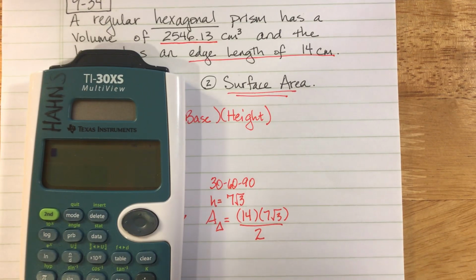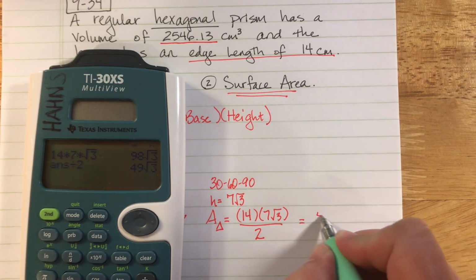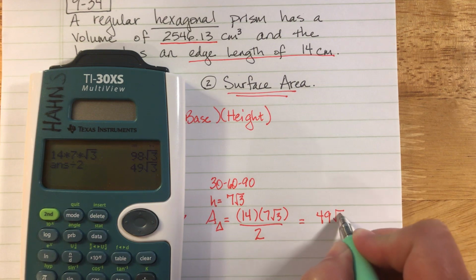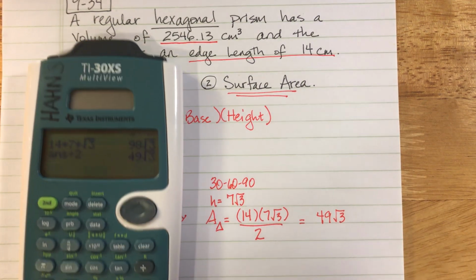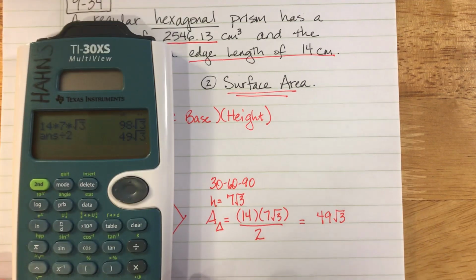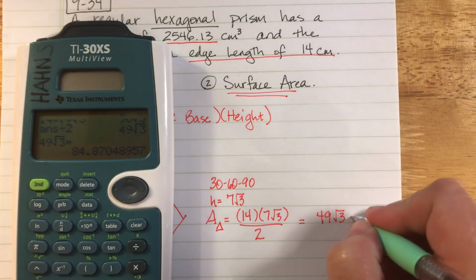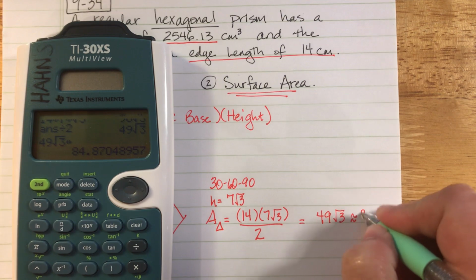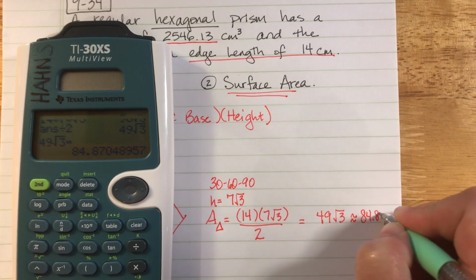Let's put that into my calculator. 14 times 7 times the square root of 3, and divide it by 2, and it tells me that the exact form of that is 49 root 3. And then, remember you can hit these little arrow buttons on these calculators, that will give you the approximate answer, which would be 84.87.